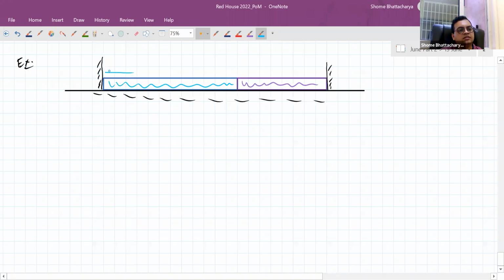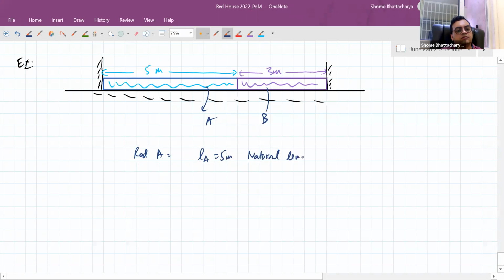Now this length is 5 meters. This length is, say, 3 meters. This is rod A and this is rod B. So rod A has a natural length of 5 meters at room temperature.